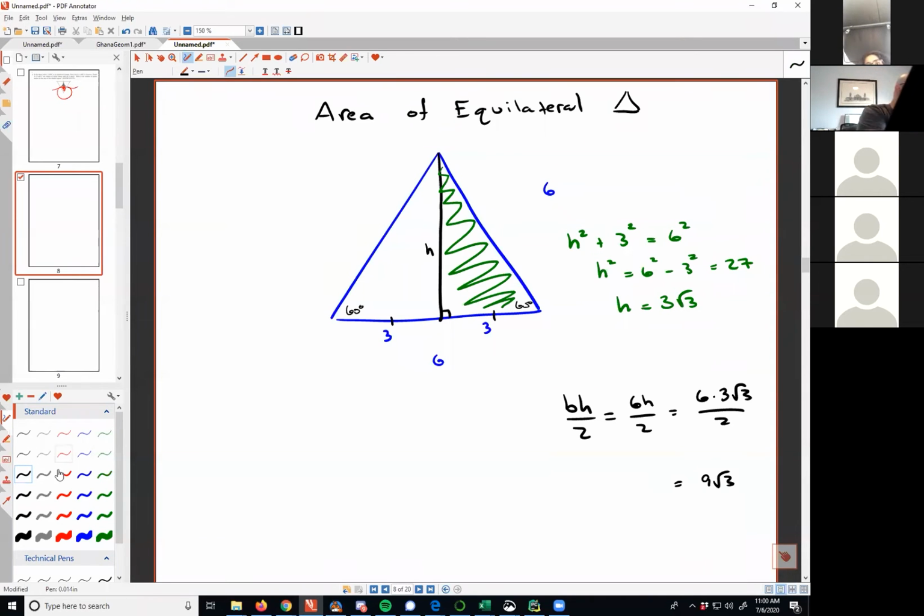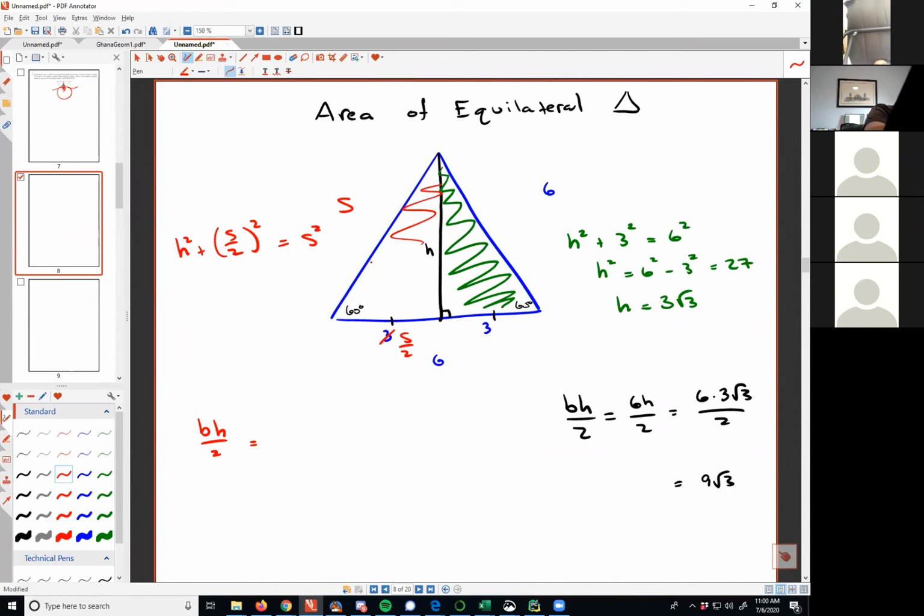If we wanted to, we could start with side length s and make each of these s over 2. And base times height over 2. Well, let's see. We need the height. Height squared plus s over 2 squared equals s squared.